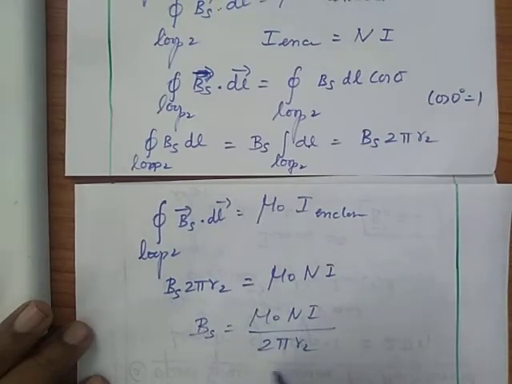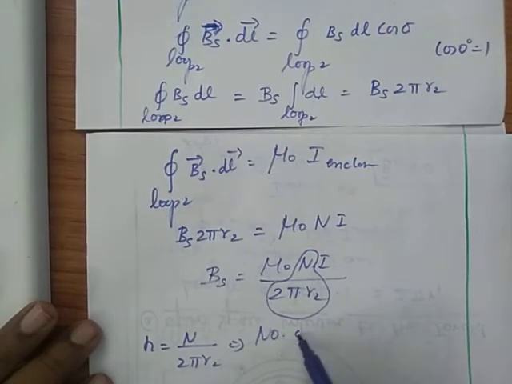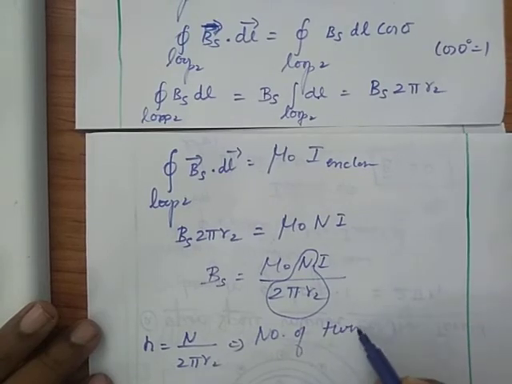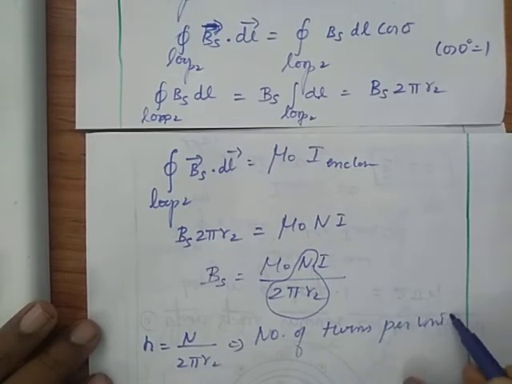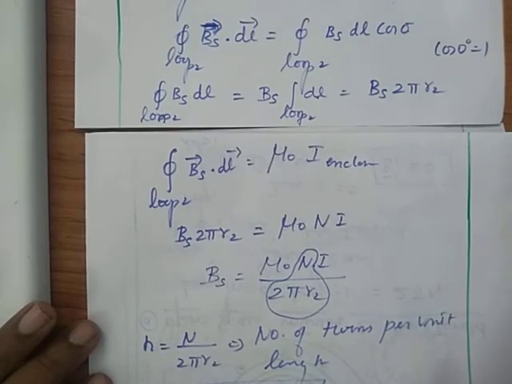Here 2 pi R2 is the length of the loop, so N by 2 pi R2 can be written as the number of turns per unit length, small n. Then the magnetic field inside the toroid is Bs is equal to mu naught n I. Here, in the toroid, the magnetic field in the exterior and interior region will be 0.